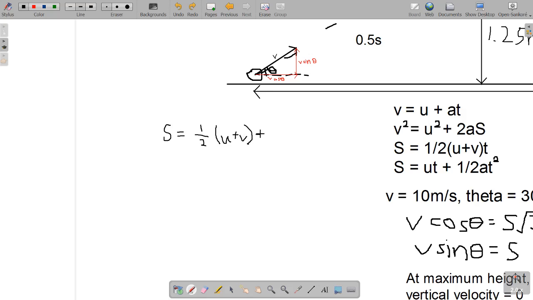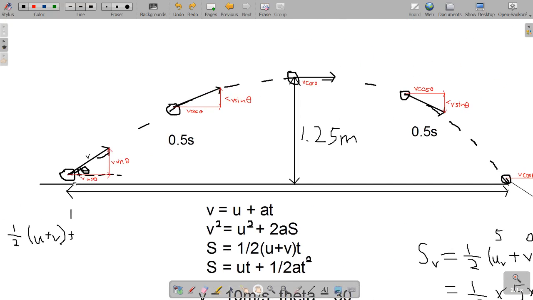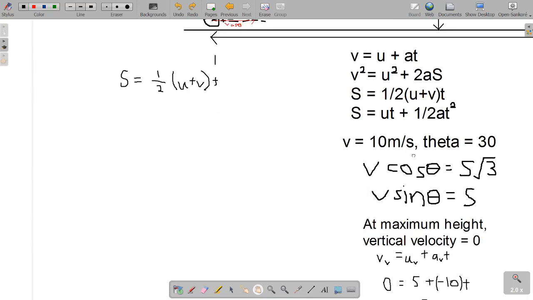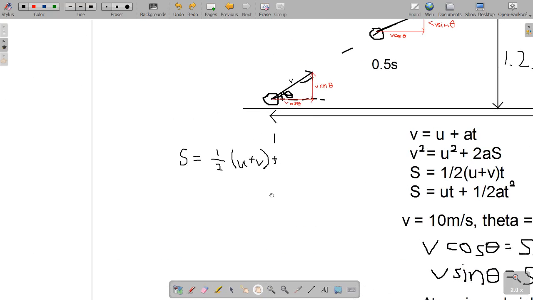So T is basically 2 times 0.5, which is 1. And here you note that U and V are both the horizontal components, V cosine theta, which has stayed constant throughout the whole journey. So both of them are 5 square root 3.